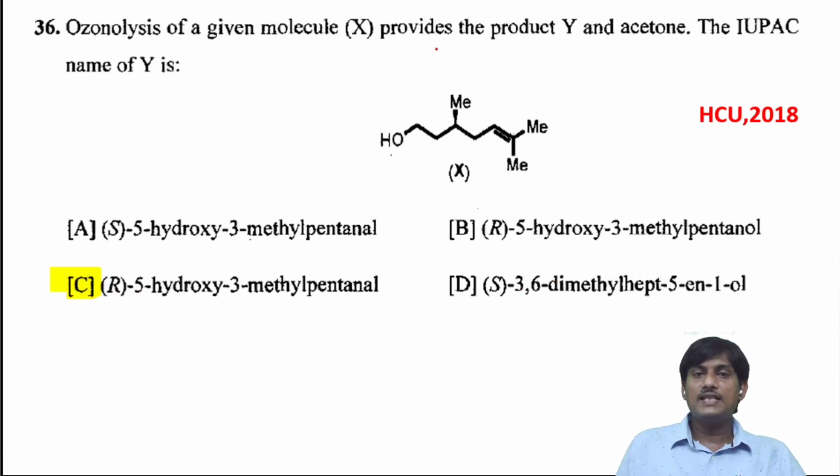Ozonolysis of a given molecule X provides the product Y and acetone. The IUPAC name of Y is. Here we are taking reductive ozonolysis. When there is no mention of what type of ozonolysis, we have to take reductive ozonolysis. Here oxygen you will get, here oxygen. So this molecule will be converted into acetone, and the remaining is the molecule you will get.